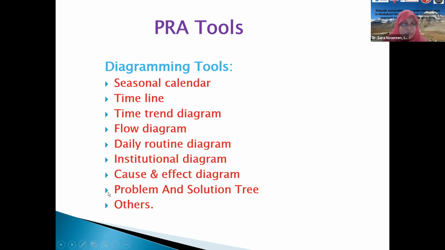And the way I say, you see, we have already learned one of them, like the problem and solution tree. And these are sometimes known as cause and effect diagrams, because we are presenting the activities and we want to access the stakeholders, engage them, and then simply show their information through some diagramming, so that people can easily understand.